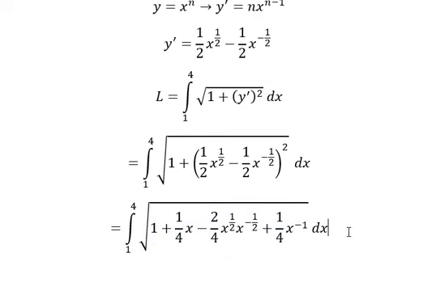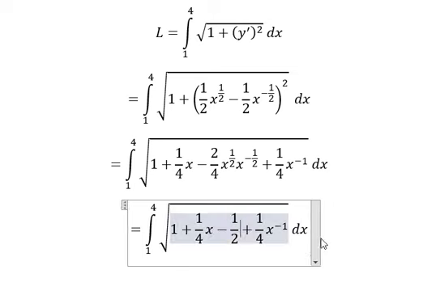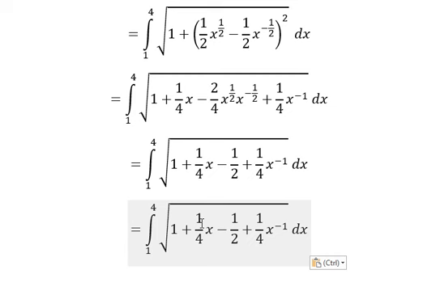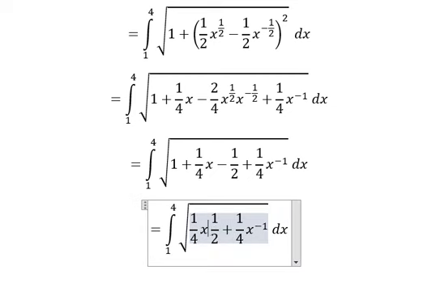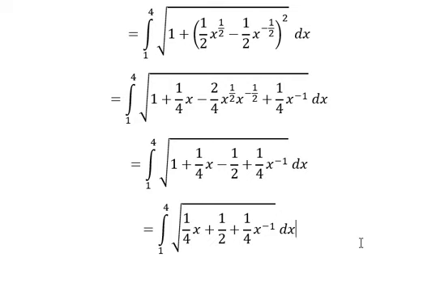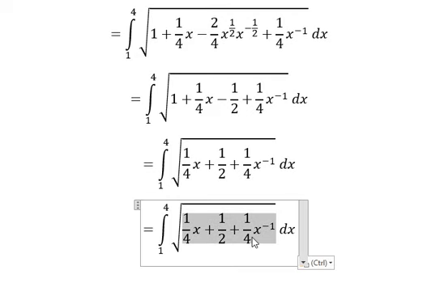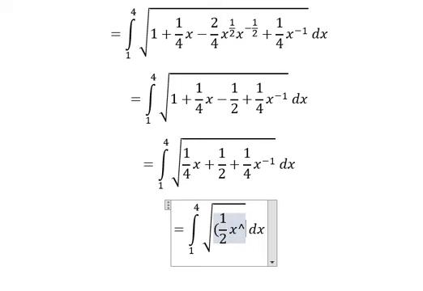So this one we have negative 1 over 2. 1 minus 1 over 2, we have positive 1 over 2. And this one in here is about 1 over 2 x squared.